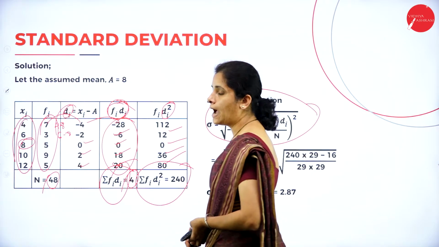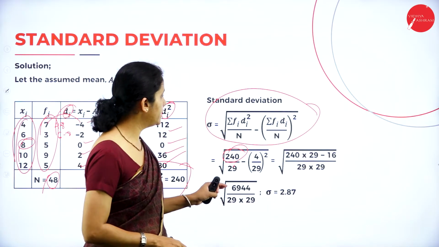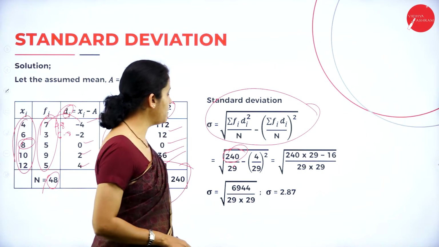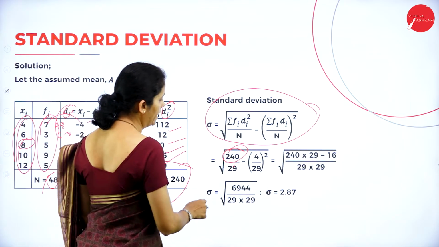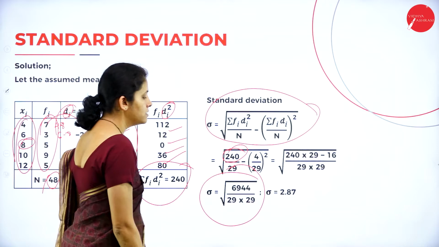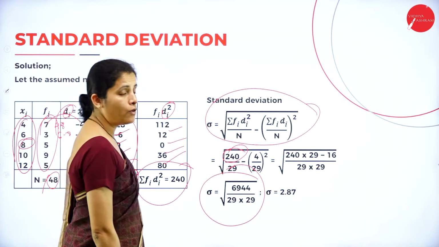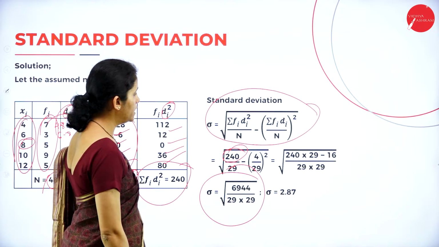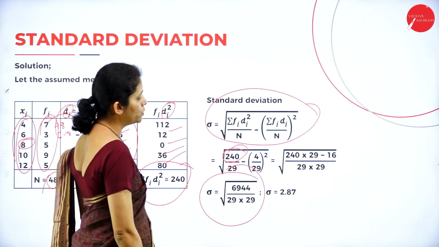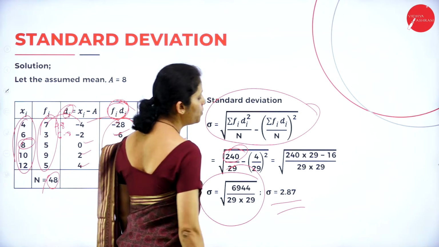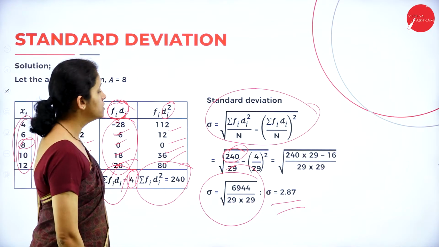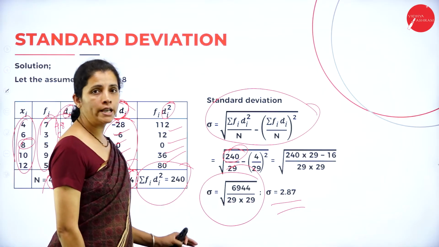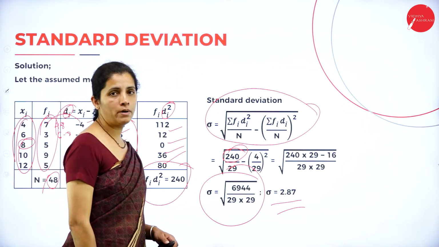And if I take the square root of the given number, I'm going to get square root of 6944 by 29 into 29. So I'm going to get the answer 2.87. So dear student, you have to take the square root of this number.